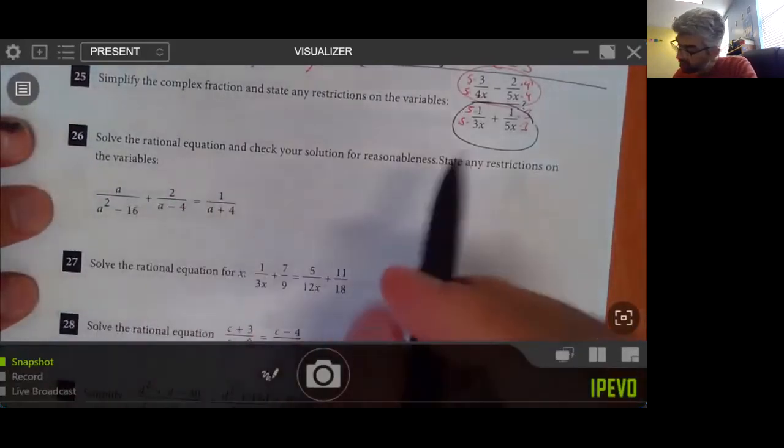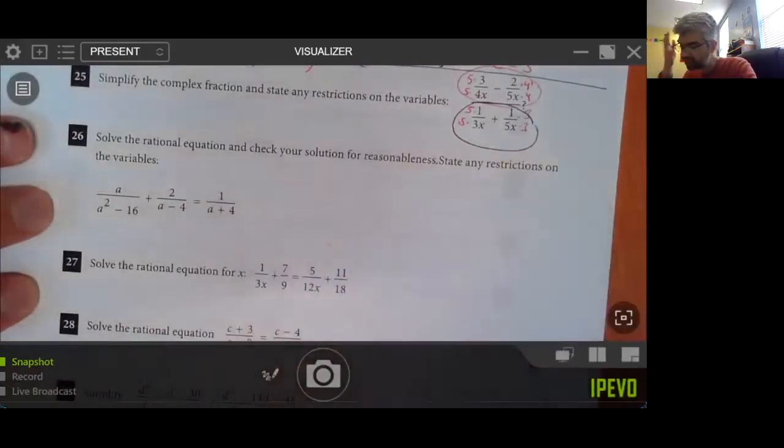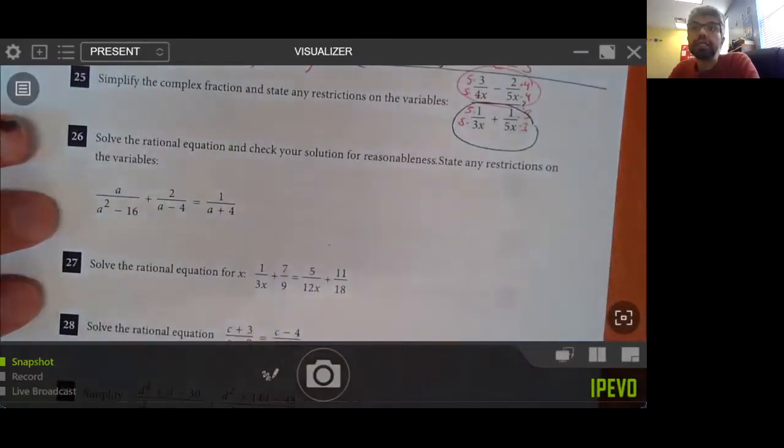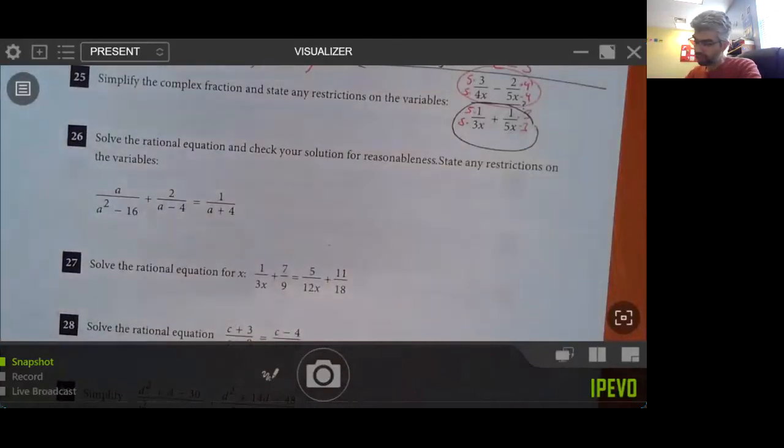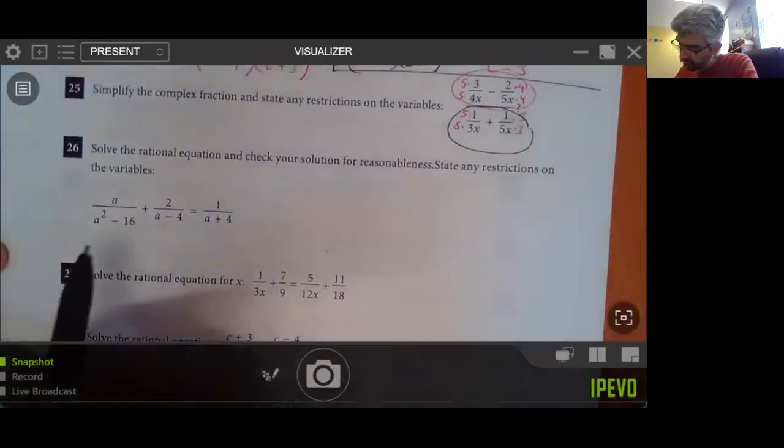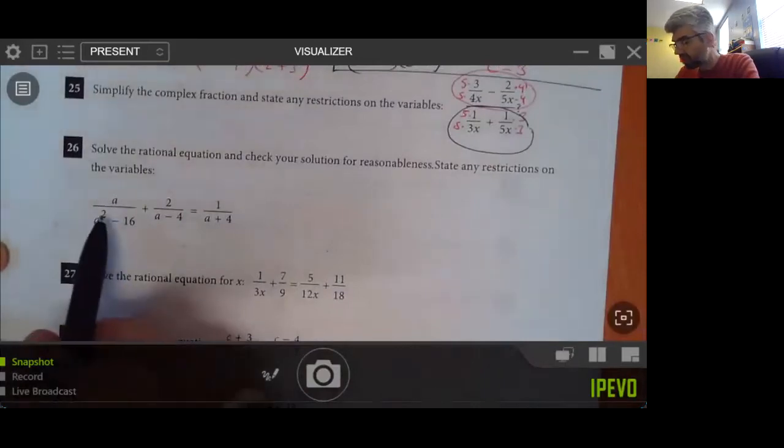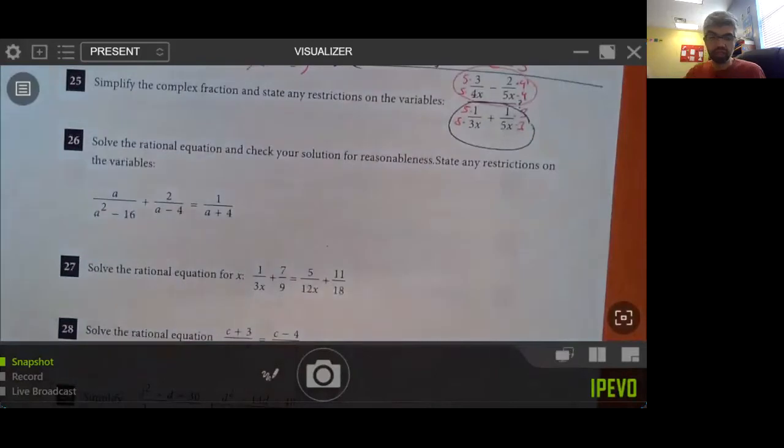Check your solution for reasonable state and restrictions. Restrictions are the zeros of denominator, don't forget, okay? And the first step, since we have addition, I have to combine them. Addition, equal denominators I must have.